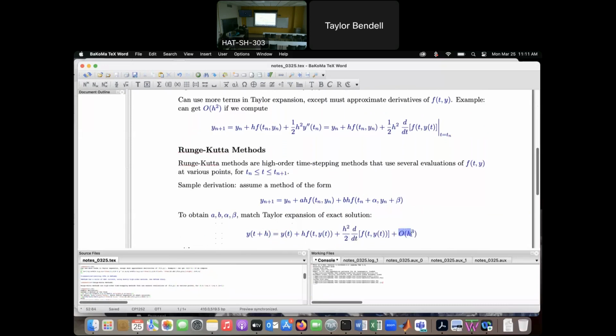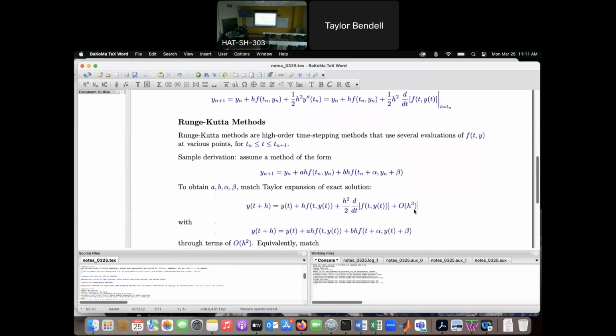I'm going to have additional terms that are order h cubed that I won't need to get into. Now I want to match this Taylor expansion with my method, and I want this agreement to occur up through terms of order h squared.